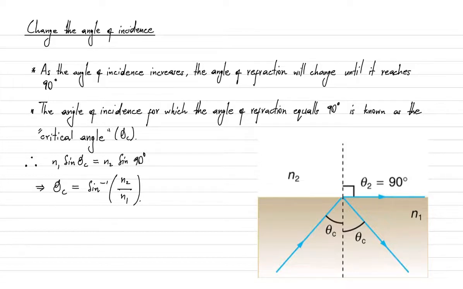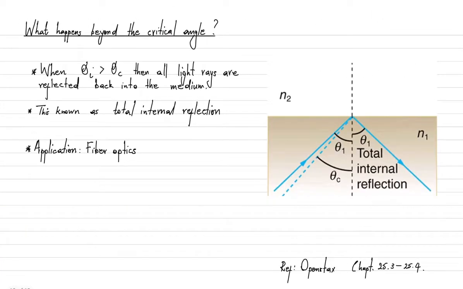Well, when we go beyond, we find that all the light gets reflected back into the medium. No light gets transmitted anymore into the second medium, but all the light gets reflected back.